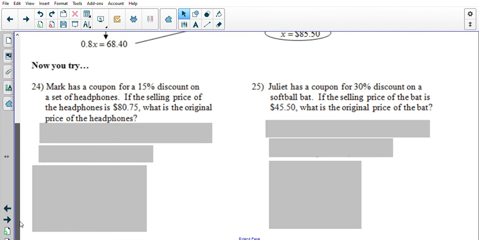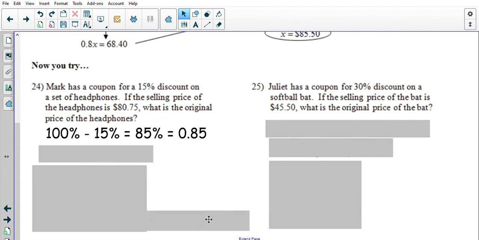So let's try it. Number 24, Mark has a coupon for a 15% discount on a set of headphones. If the selling price of the headphones is $80.75, what is the original price of the headphones? So a 15% discount is 85% of the original price. So 100% minus 15% is 85%, or 0.85.